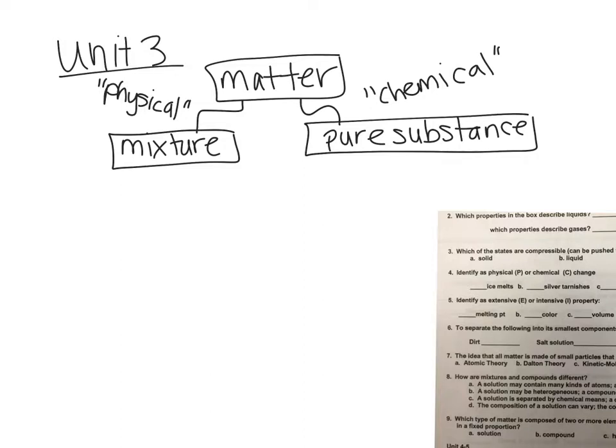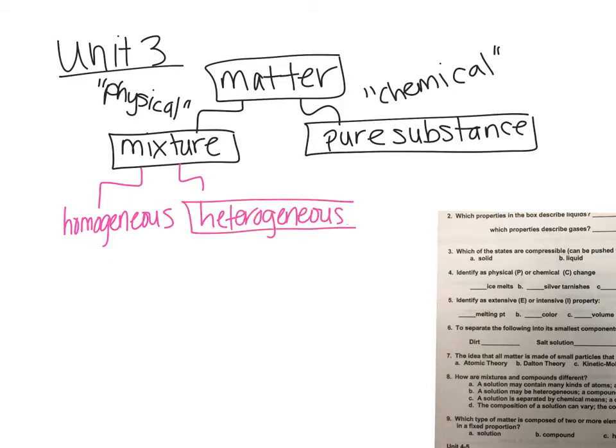So we had 2 different types of mixtures in there. What are the 2 different types of mixtures? They both start with H, yes, good. There's homogeneous and there is heterogeneous. Remember, homogeneous looks the same throughout, so we usually say the word uniform.